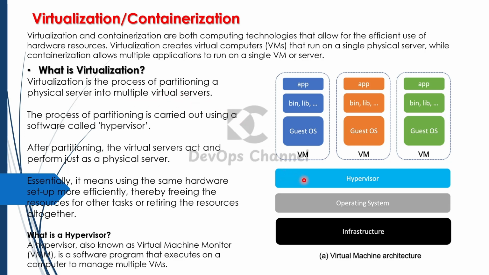This is done by your hypervisor. And what is a hypervisor? It's a kind of software, also known as virtual machine monitor, that executes on a computer to manage multiple VMs. So this will manage all aspects of your guest OS on your main laptop or workstation. So that was virtualization.